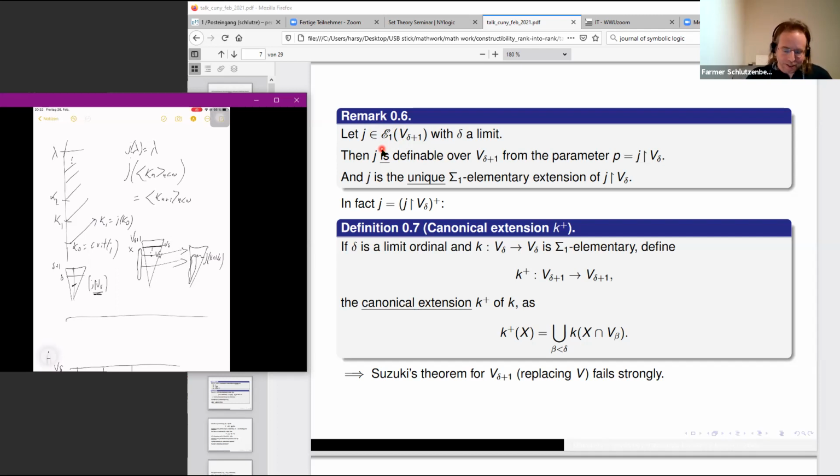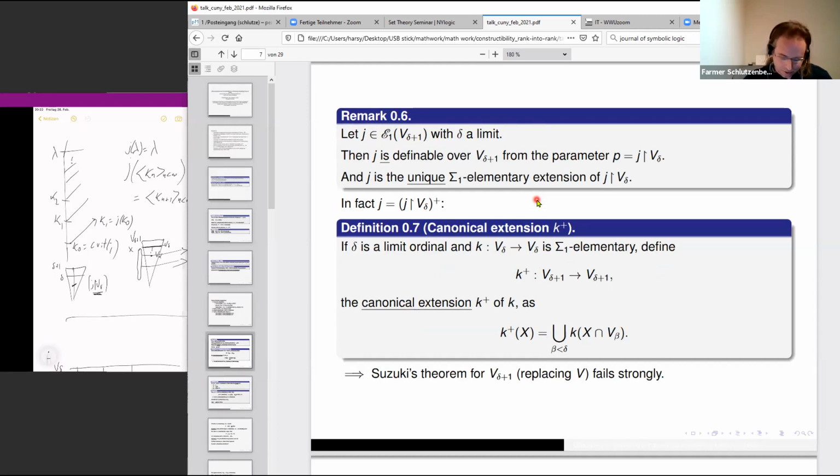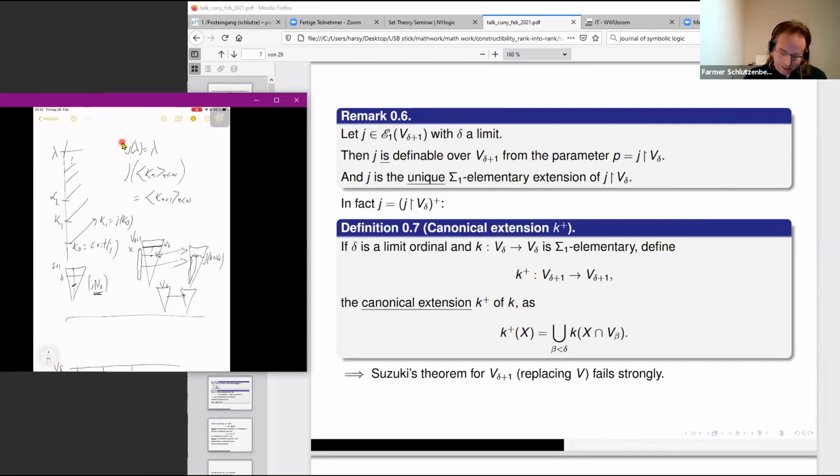I was going to mention this in a second. I'm just saying that you could have a Sigma 0 J from here to here, but not cofinal.